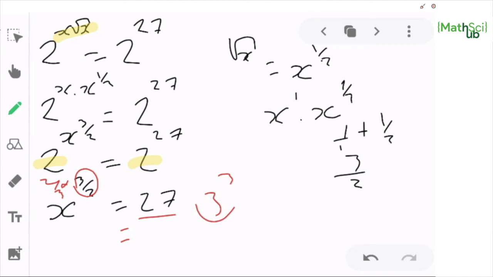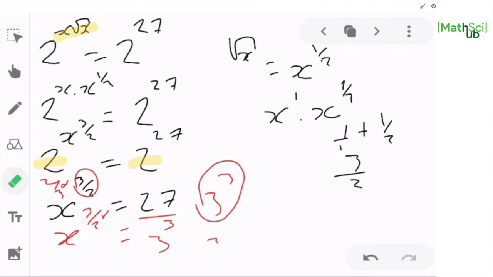Let's write it in this form, meaning we're going to have 3 to the power of 3, and then here we have x to the power of 3 over 2. Like I said, we can tip and times to get rid of the 3 over 2. Whatever we do on the left, we're going to do on the right as well.